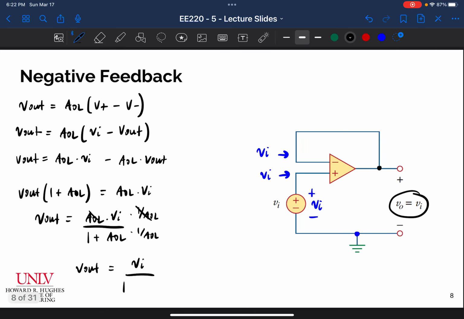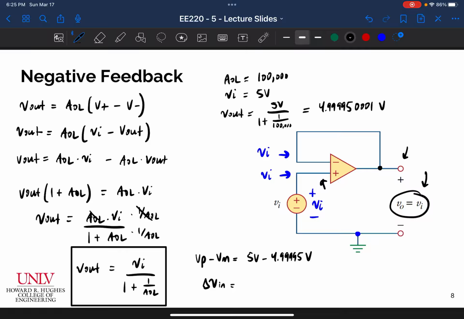So if my input is 5, Vp minus Vm is equal to 5 volts minus 4.99995. That difference, I'll just call it delta V in, is equal to 5 minus the answer.